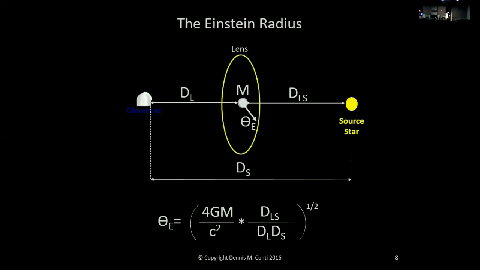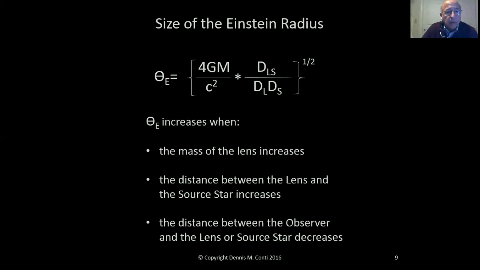Okay, good. All right, so let's take a look at this formula in a slightly different way, and let's look at what affects the size of the Einstein ring. So just based on the formula itself, you can see that the radius of the Einstein ring is going to increase if the mass increases.